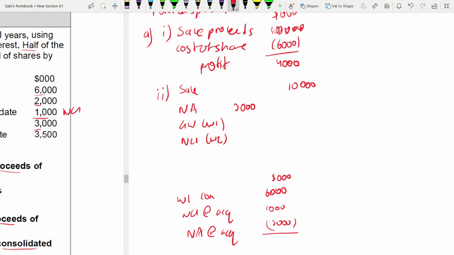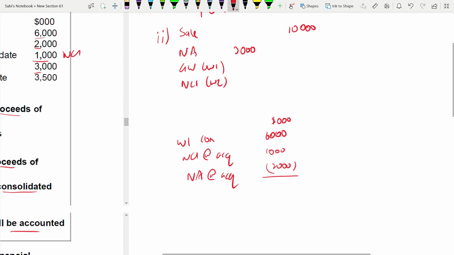So you're left with 5 million, but 50% is impaired. So 50% of 5,000 is 2,500. This is the goodwill impairment.